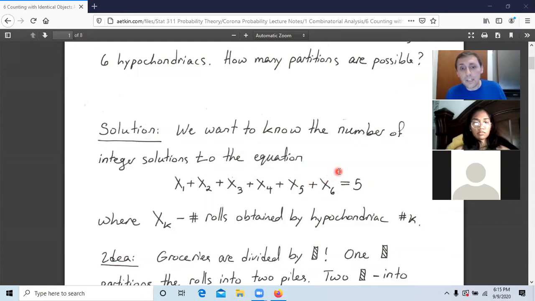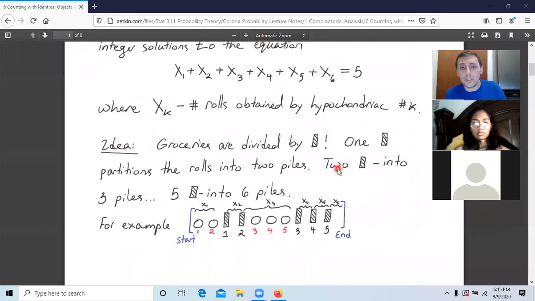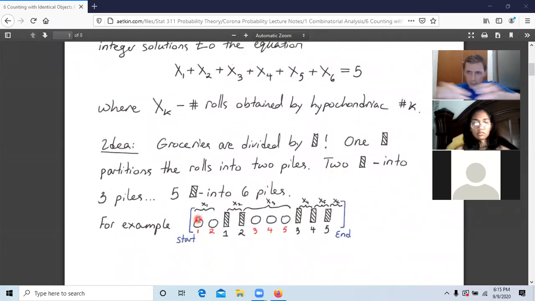In a grocery store, you have the following situation. You put the items you are buying on this rolling road, and you separate your groceries from your neighbor's with a bar.